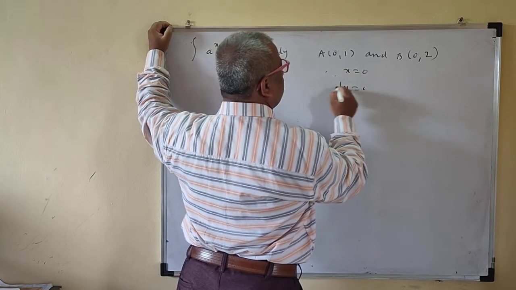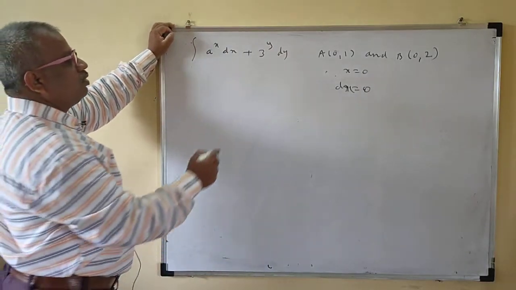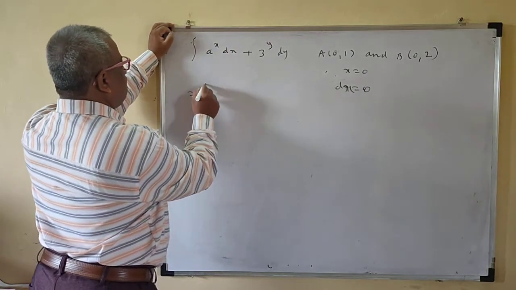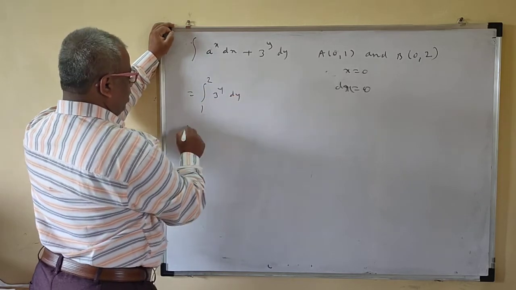That means dx is equal to 0. Your x is 0, so dx is 0, that means this integral is, range of y is 1 to 2, 3 raised to y dy, right?